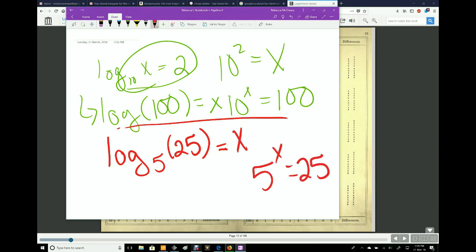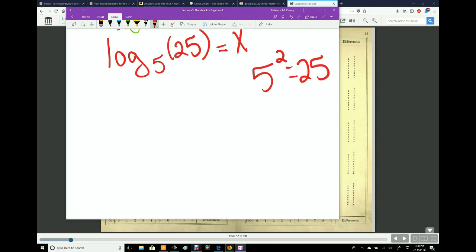So that something should be 2, right? 5 squared equals 25. That's what we're looking for. This x should be a 2. Okay? So again, we're using the logarithm tables that we already have, which are in base 10, to find logarithms of different bases.